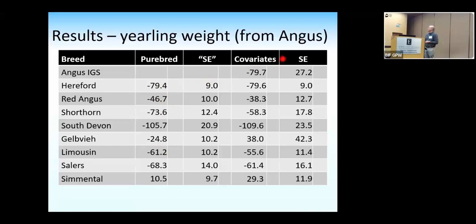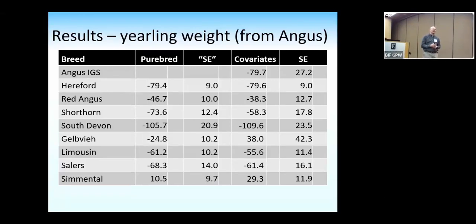And the Angus solution from those covariates is quite a bit lower than the Angus from what we would predict from what we sampled. I don't have a sure reason on this. My supposition is that part of this is because the Angus that influenced these animals was probably an older sample than the Angus that we have trying to update within our system right now.